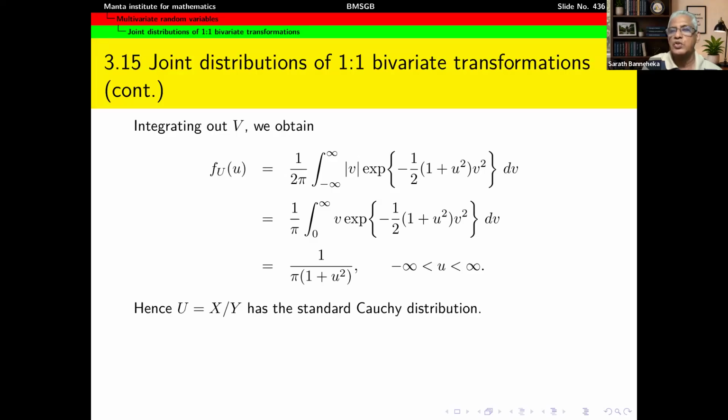If you look at the ratio of two independent standard normal random variables, the resulting random variable has a Cauchy distribution. The Cauchy distribution is again symmetric around zero, and it's a distribution which doesn't have a finite mean, finite variance, or finite moments.